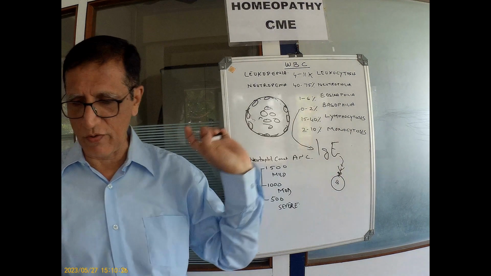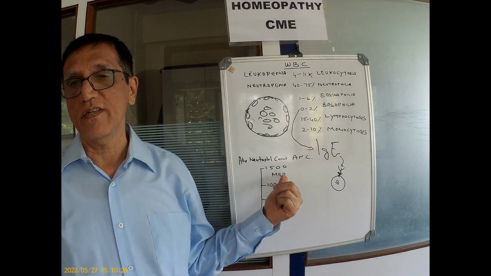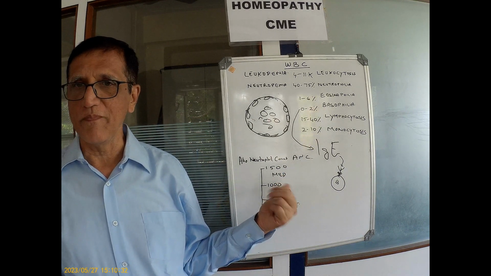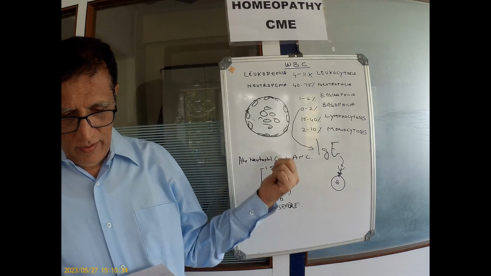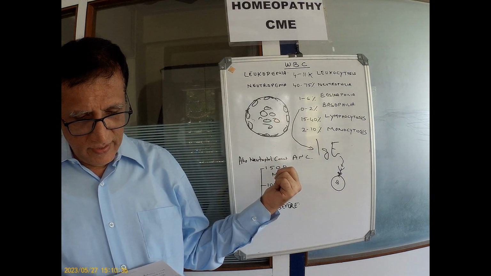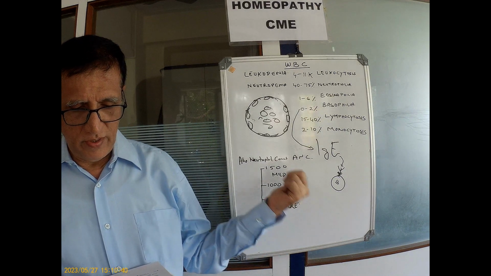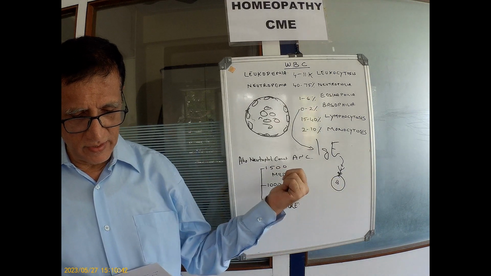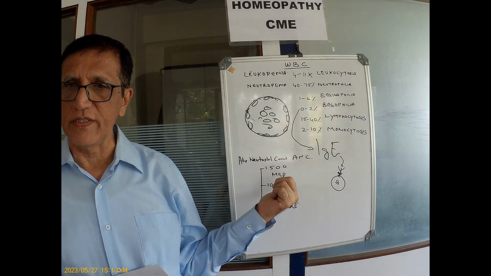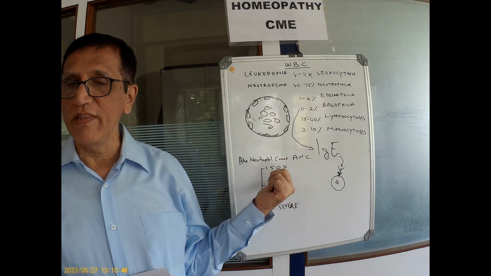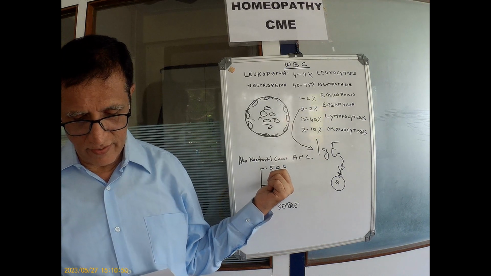In the liver, they are called Kupffer cells. In the lymph nodes and the spleen, they are called sinus macrophages. In the skin, they are called Langerhans cells.